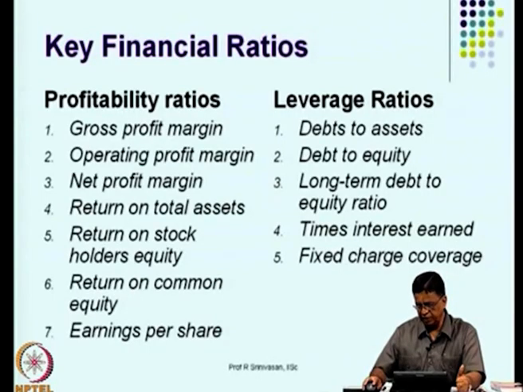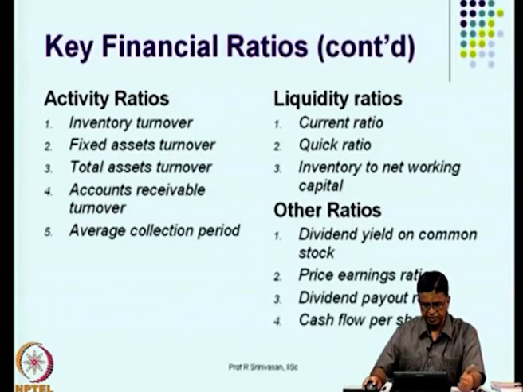In the leverage ratios, debt to assets, debt to equity, long term debt to equity ratio, then the times interest earned, then the fixed charge coverage. Then in the activity ratios, inventory turnover, then fixed assets turnover, total assets turnover, then the accounts receivable turnover, then the average collection period.